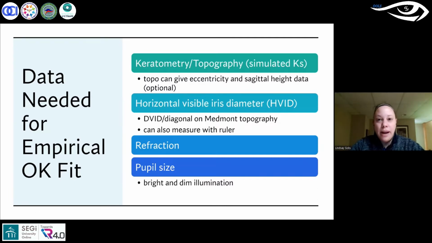So if they're a higher myope, it may take a few more weeks to get to their plano state versus if they're a lower myope. And then their pupil size can be very helpful as well.